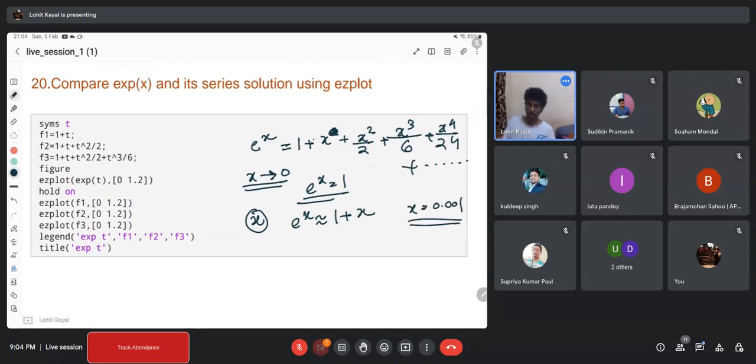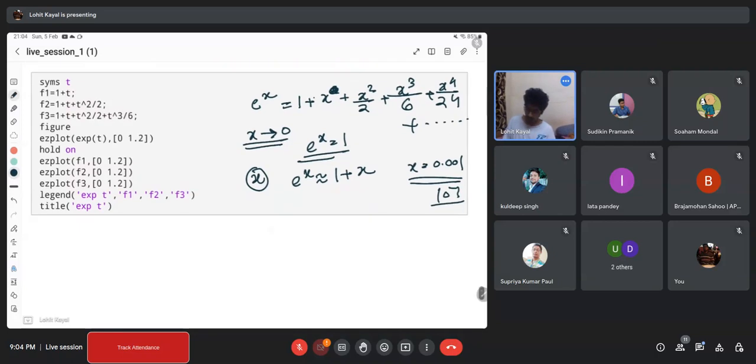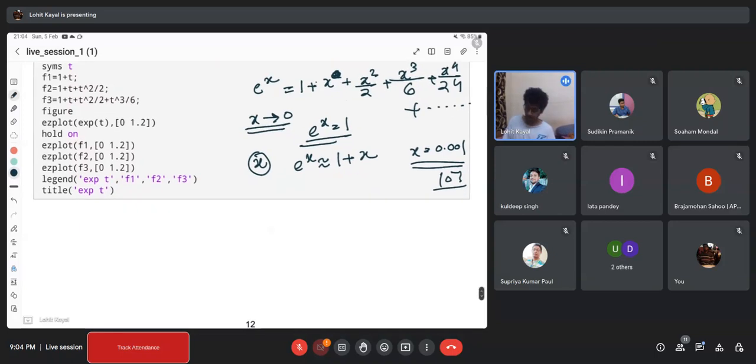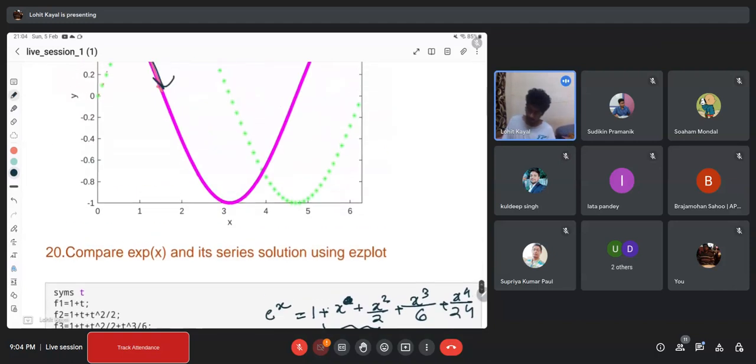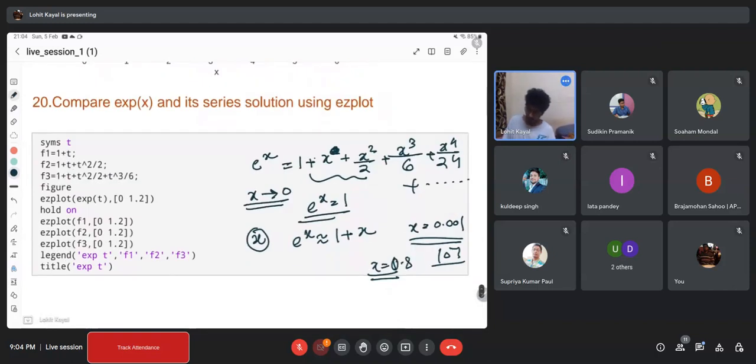If you square it, it is already 10 to the power minus 3, it will be 10 to the power minus 6, cube it will be 10 to the power minus 9, then 10 to the power minus 12. So it is almost negligible. For a slightly larger x, suppose 0.8, you have to consider this term, then probably this term, but other terms will be negligible.